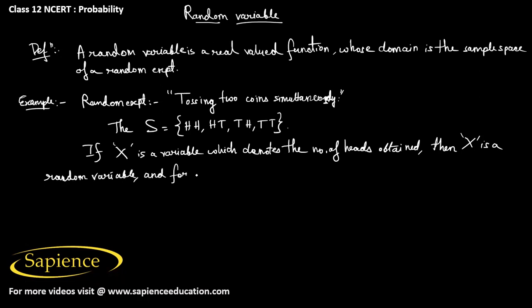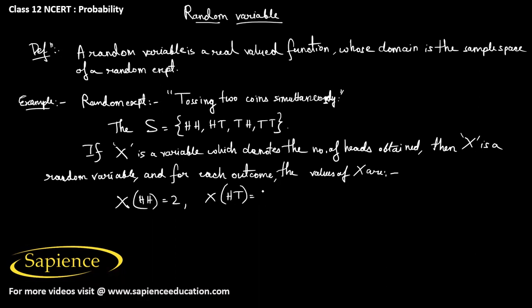And for each outcome, the value of x is given as: the value of x for both heads will be equal to 2, for head and tail it will be equal to 1, for tail and head it will be equal to 1, and for both tails it would obviously be 0. So here x is an example of a random variable.